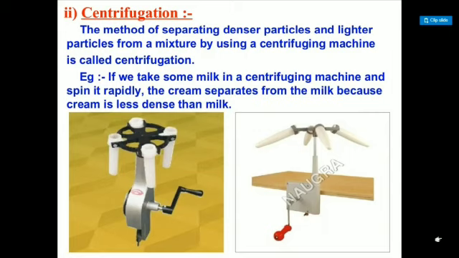One is denser, the other is lighter. For example, milk and its cream. By centrifugating, when the motor spins rapidly, the cream separates from the milk because cream is less dense than milk.